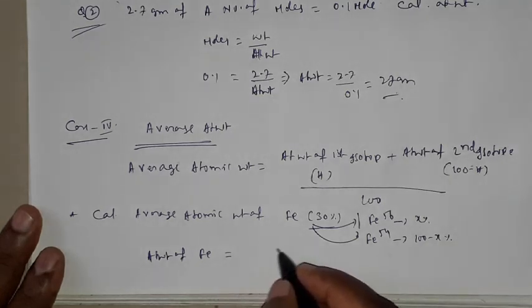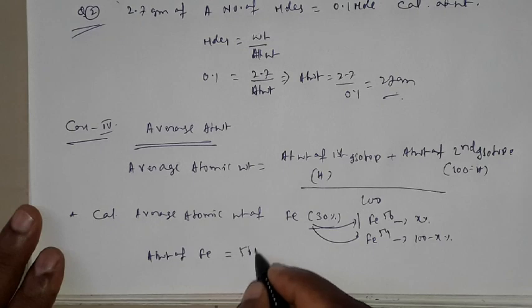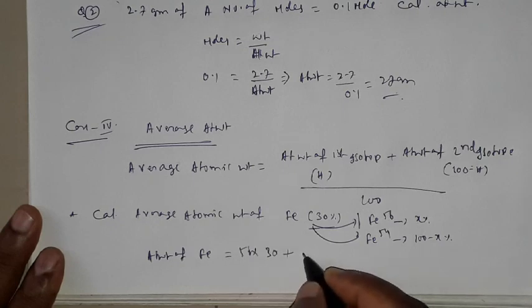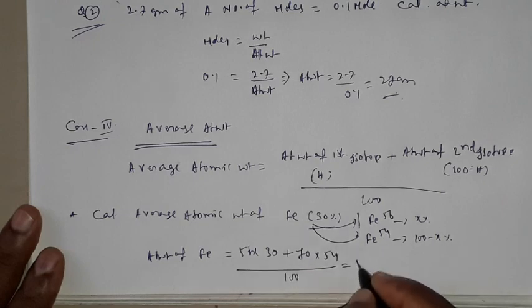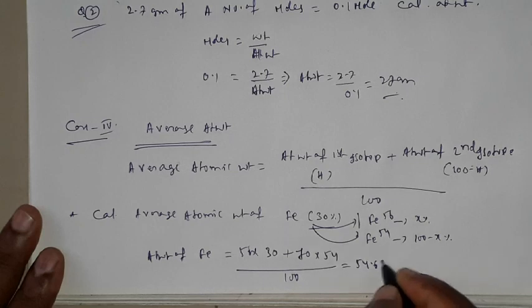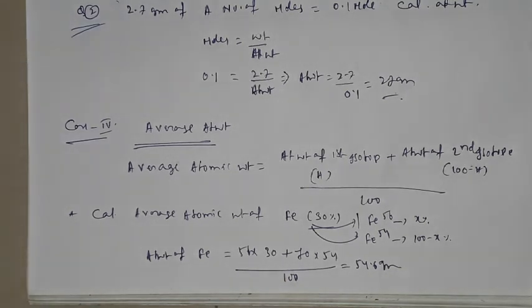So here 56 into 30 plus 100 minus X, means 70, into 54, by 100. The simplified value is 54.6 grams. So this is the average atomic weight.